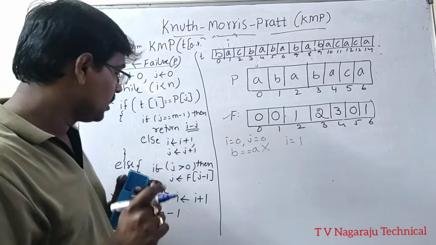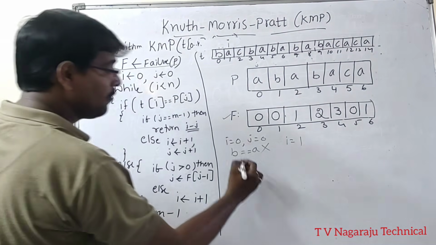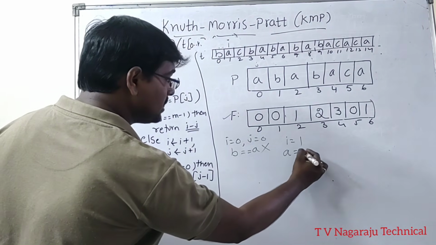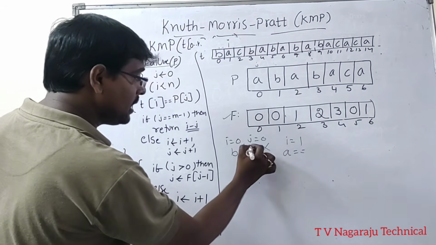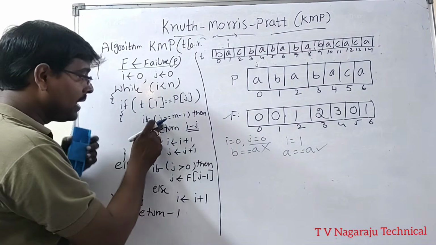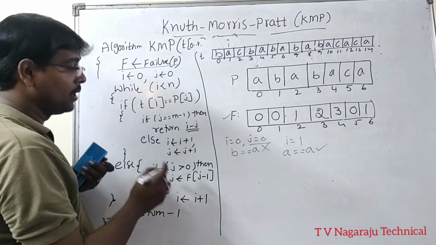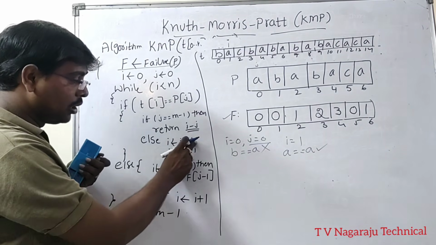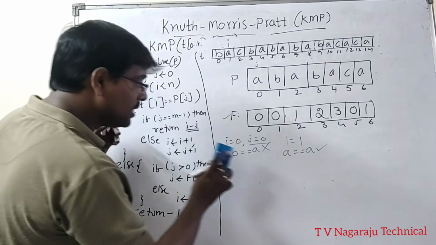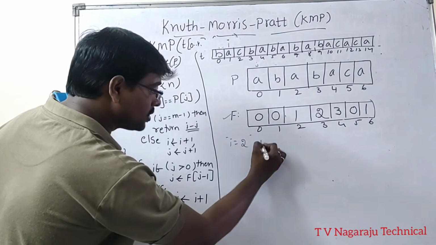Again, T of i, which is A, is equal to P of j, since j is not updated. A. Both are equal. Is j equal to m minus 1? No, j value is just 0. Now i is equal to i plus 1, j is equal to j plus 1. Now i value becomes 2.